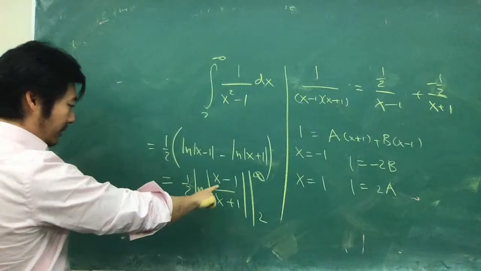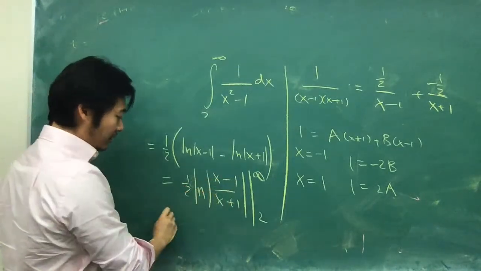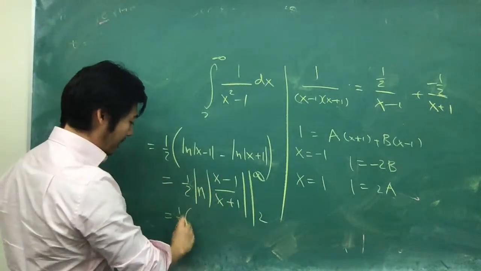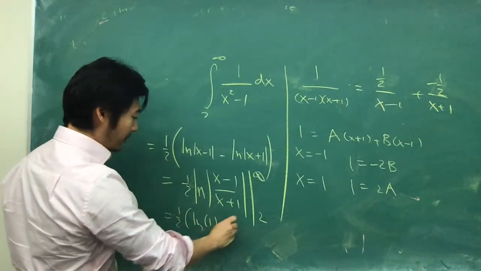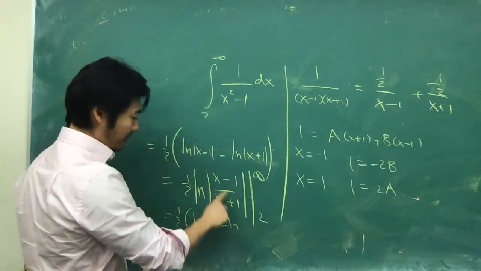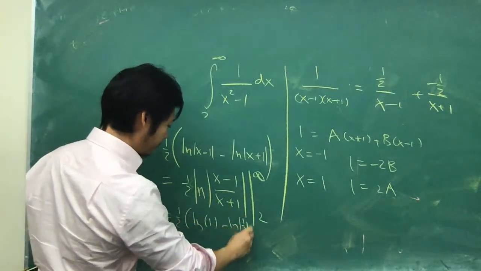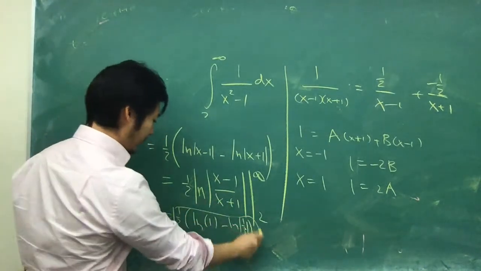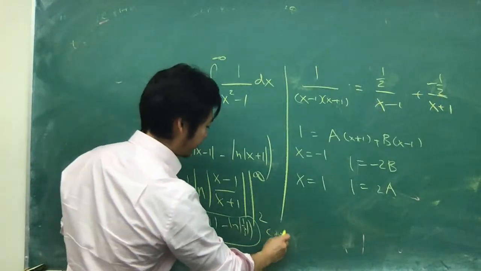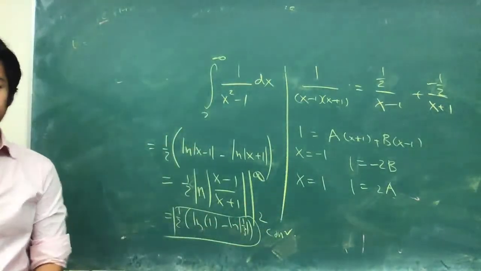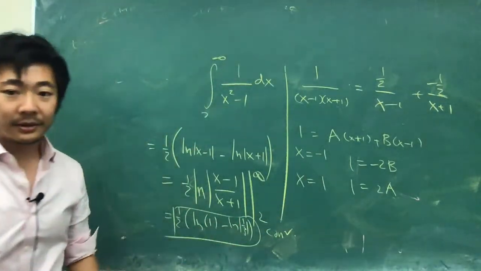As this goes to infinity, this term goes to 1. So this will be 1/2 natural log of 1 minus natural log of 1/3, if you plug in 2. And so this thing converges. And that's the answer.